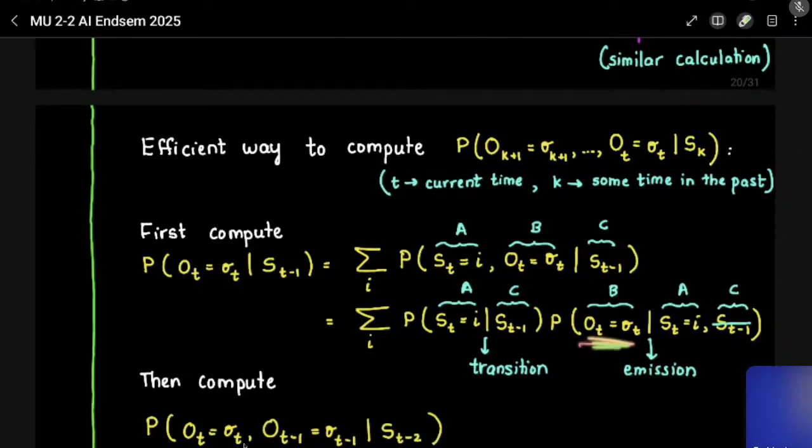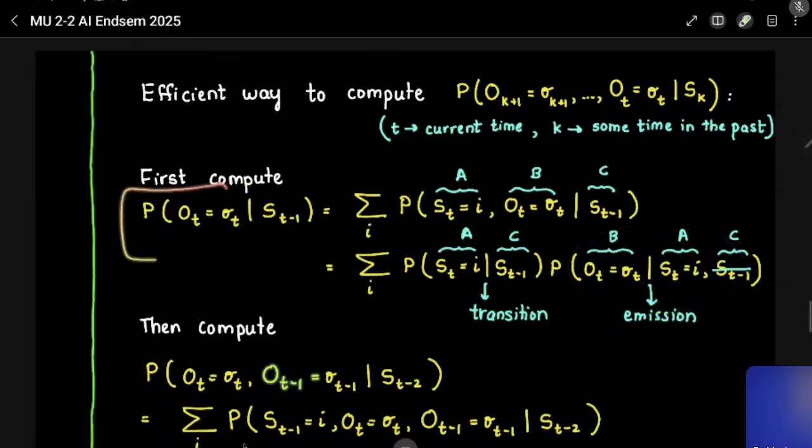The observation at time t will not depend on anything other than the current state. So it will only depend on state t. It will not depend on any previous or future states. And if you realize, this is just the transition probability, this is the emission probability.